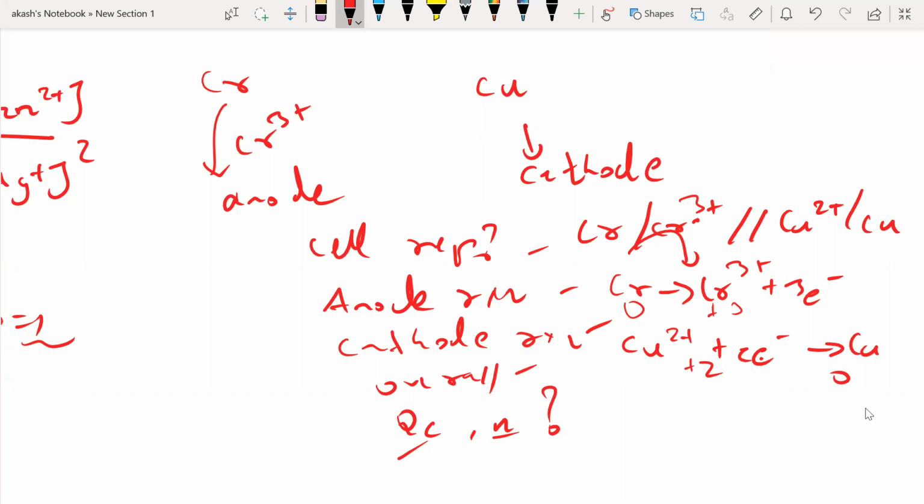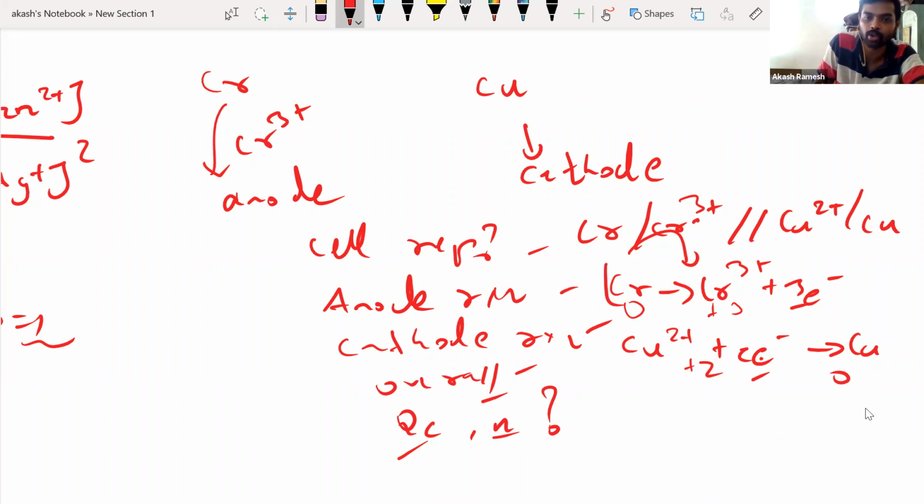Okay, fine. Now, when I go for the overall equation, right now you see here I have 3 electrons lost and here I have 2 electrons accepted. So I have to do something so that these get cancelled, and the easy thing I can do is multiply this reaction by 2 and this reaction by 3, so that I'll have 6 electrons here, 6 electrons here, and they will get cancelled.